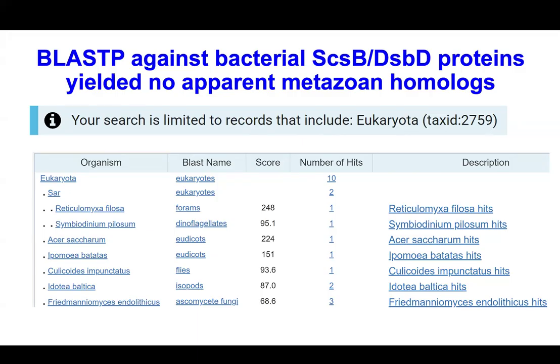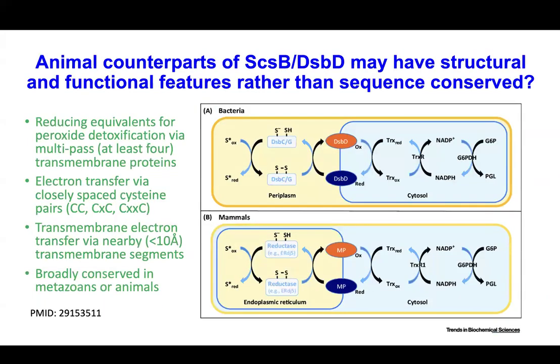Some of the putative hits turn out to be bacterial contaminants. So now we have this problem: this bacterial protein is well established to carry out electron transfer to reduce H2O2 and protein substrates in bacteria.